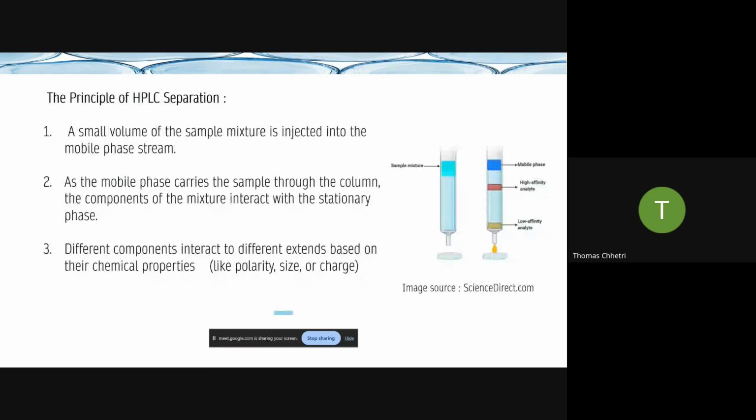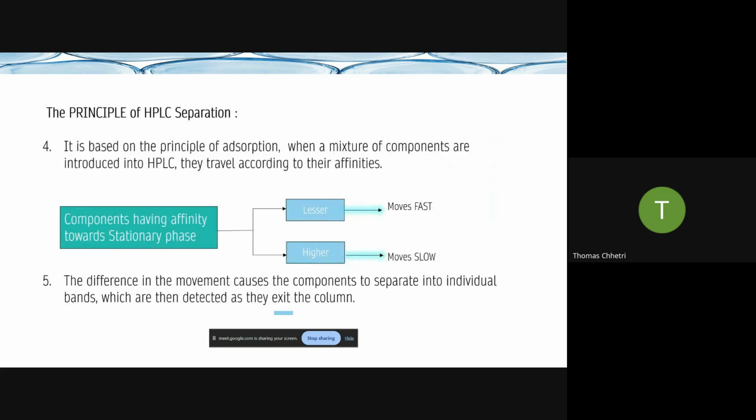Now, let's dive into the principle of HPLC separation. A small volume of sample mixture is injected into the mobile phase stream. The mobile phase carries the sample to the column. The components of the mixture interact with the stationary phase, and the different components interact to different extents based on their chemical properties like size, charge, and polarity. It is usually based on a simple principle of adsorption.